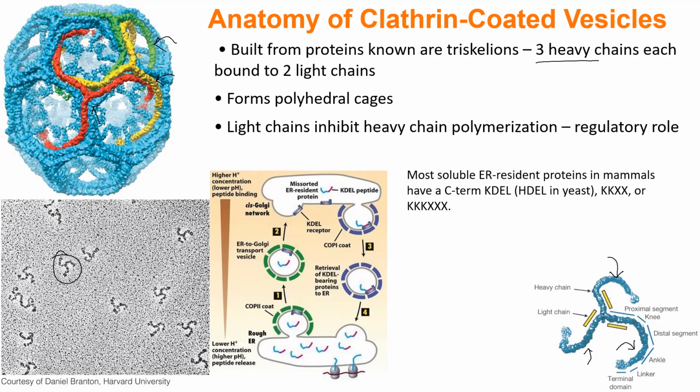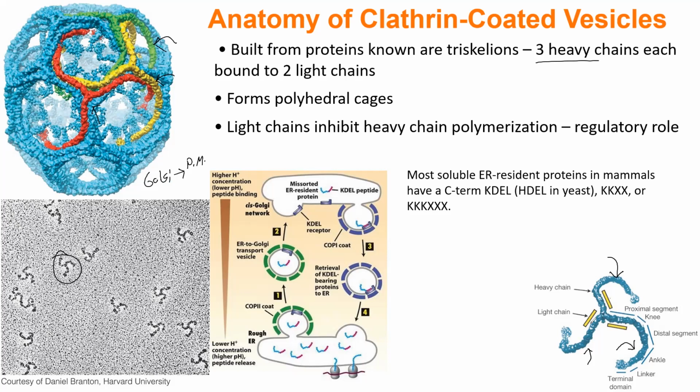And remember, Clathrin vesicles are going from the Golgi to the plasma membrane. So these light chains prevent vesicle formation. And then once we remove the light chains, we can form our vesicle. So that's how Clathrin actually looks.